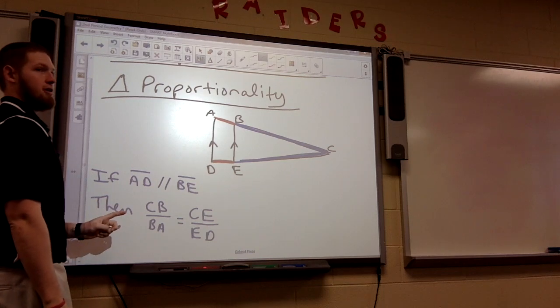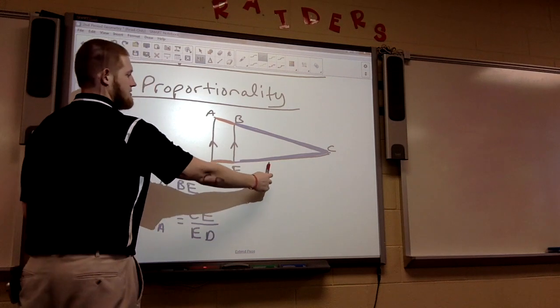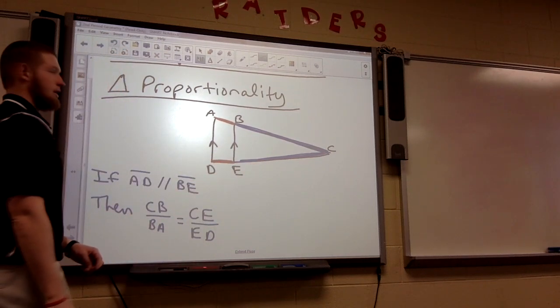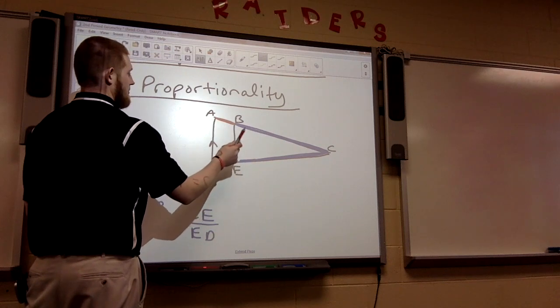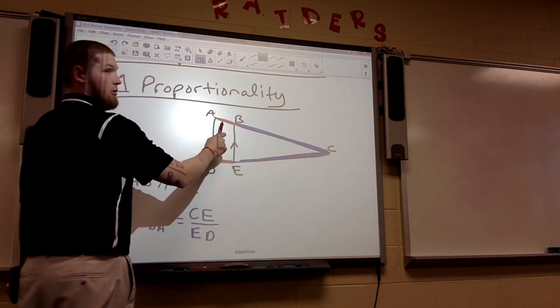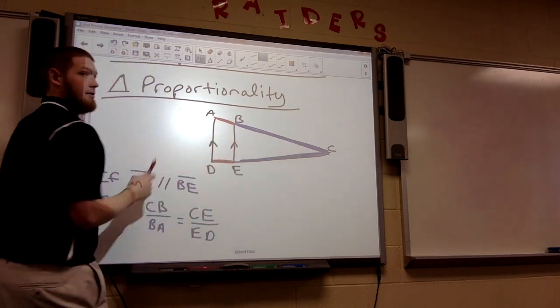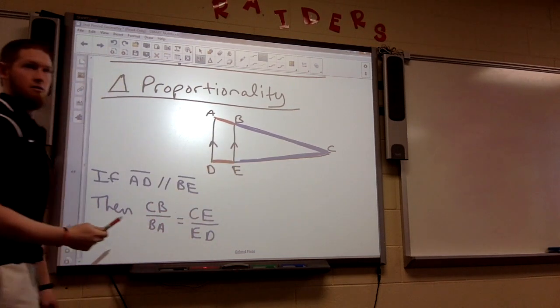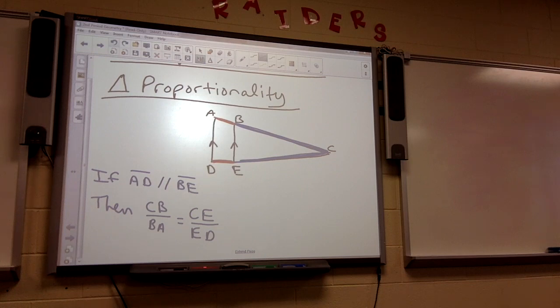No, they don't have anything in common. Notice BC and EC, those are okay because they're both on the same triangle, right? BC and AB are okay because they're both on the same side. Okay, but is there any relationship between AB and EC? No, there's no relationship there. So make sure we're not comparing those two sides. Okay. Questions on this, sir? Okay, we'll do some examples here in a second.